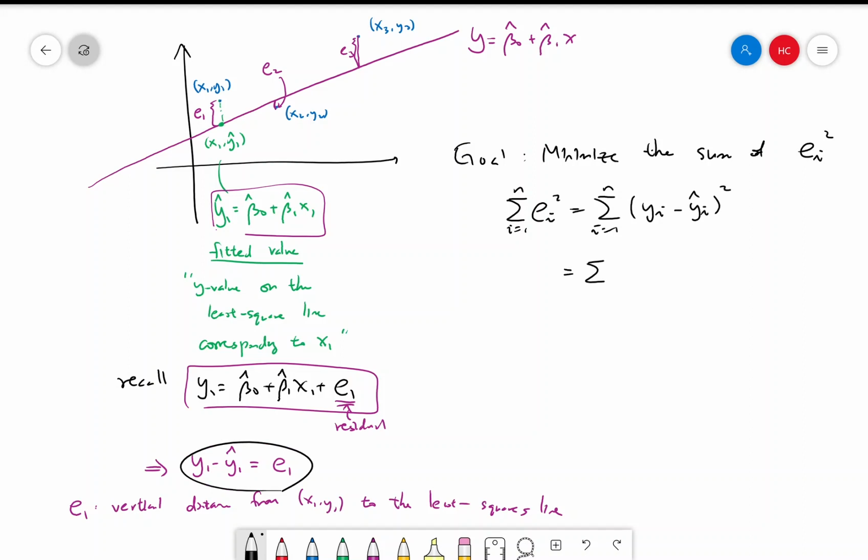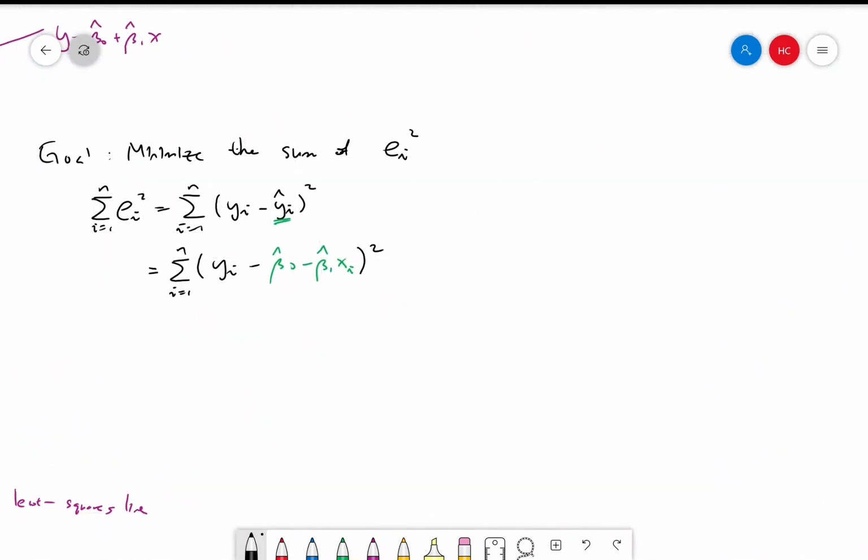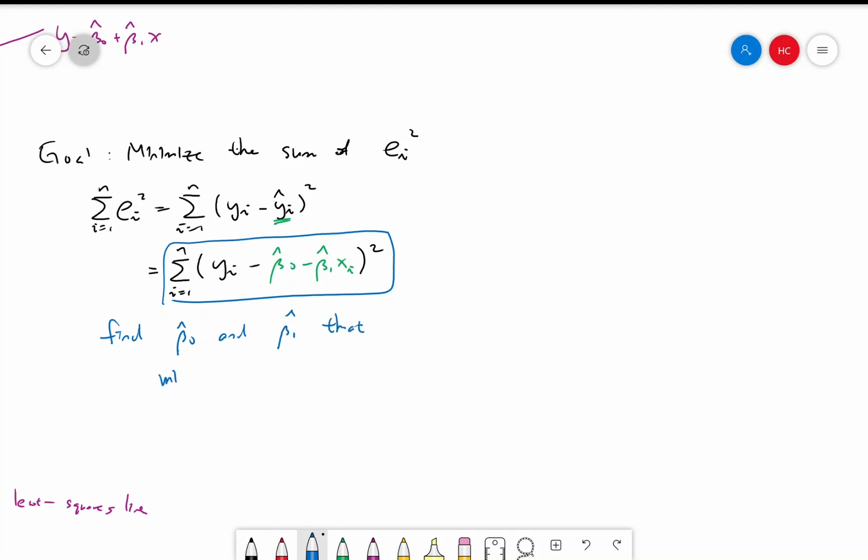And this is equal to the sum from 1 to n of yi minus beta 0 hat minus beta 1 hat xi, the whole thing squared. So we want to minimize this quantity. We want to find beta 0 hat and beta 1 hat that minimize this quantity.